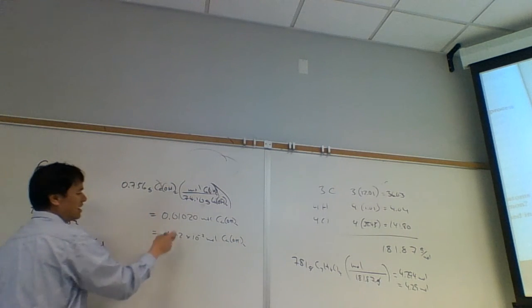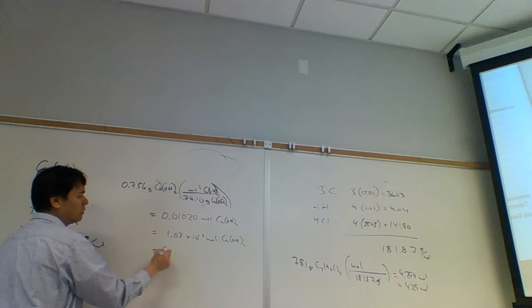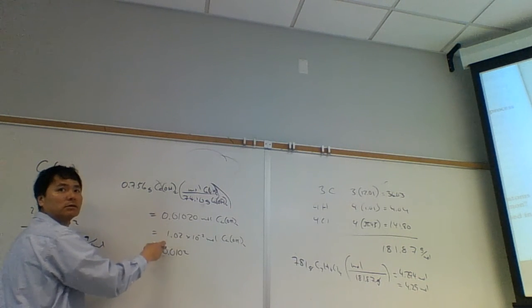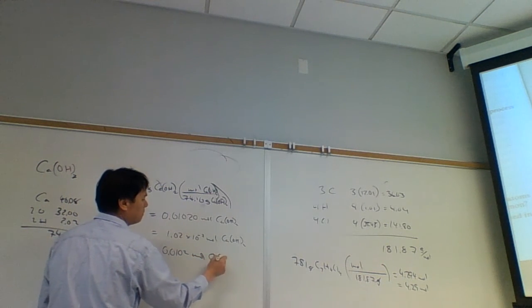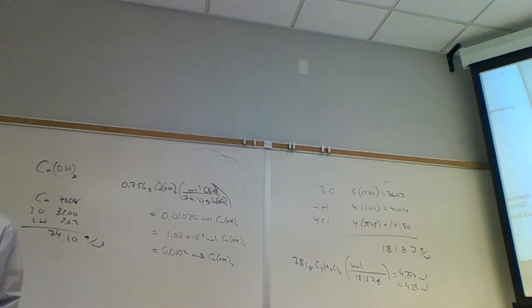If it's like this, I usually don't use scientific notation. I would write it 0.0102 because that takes up a lot less space than this. So I would have left it like this in decimal form rather than scientific notation.